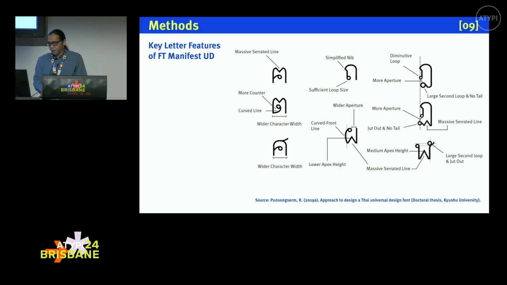Curved front line and lower apex high, including massive selected line for the letter Phopung, and the use of a demotive loop, providing more aperture and a large second loop with no tail to the character Dodge star, and providing more aperture and jutting out part with no tail, including the use of massive selected line for the character Topaktak.